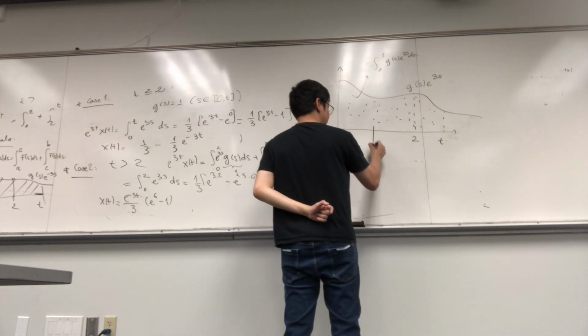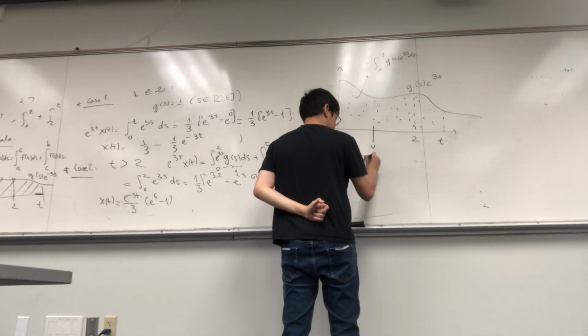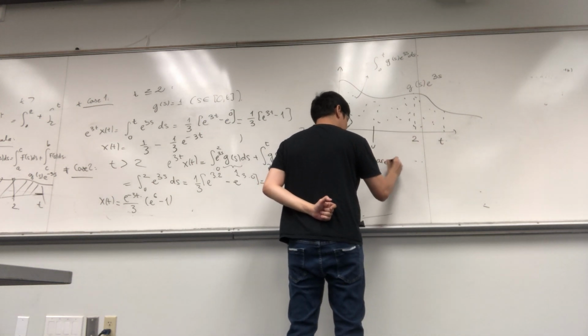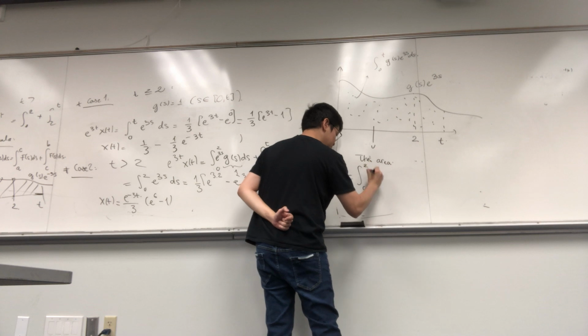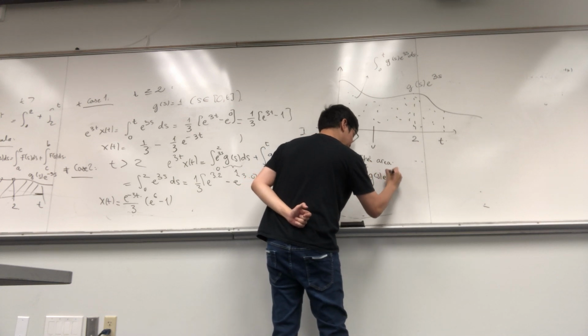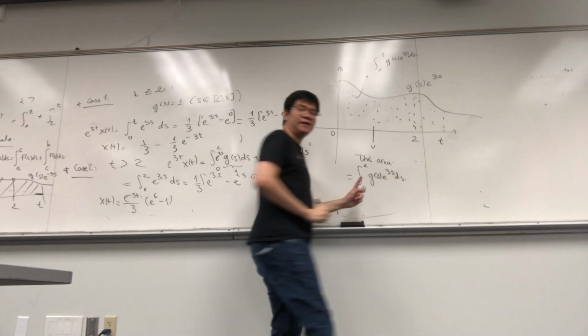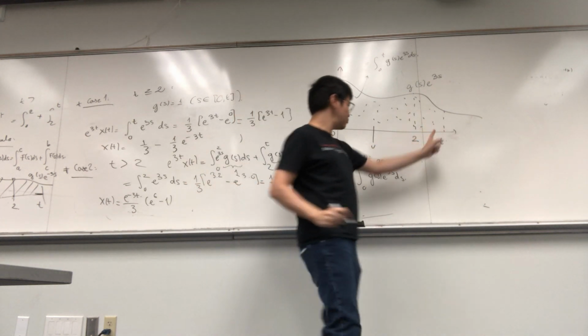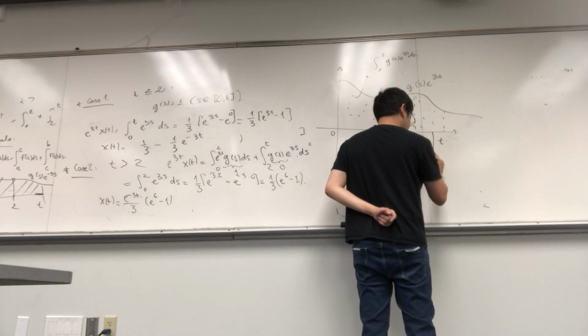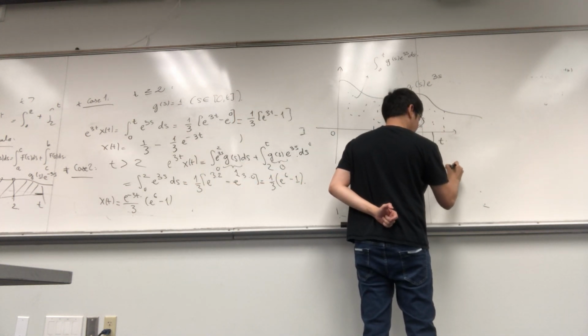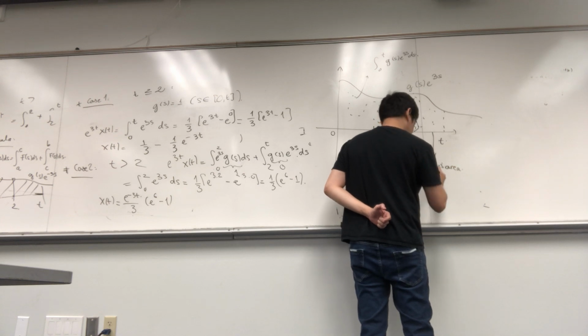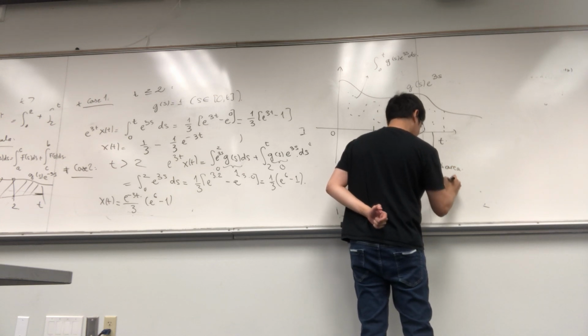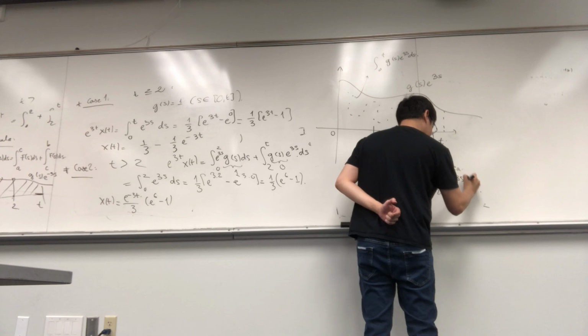So this area is the integral from 0 to 2 of g(s) e to the 3s ds, and this area will be the integral from 2 to t of g(s) e to the 3s ds.